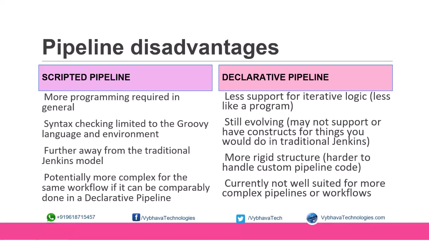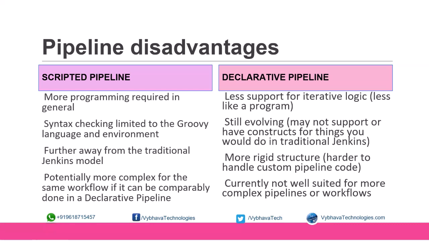Each one has advantages and disadvantages, depending on the people's mentality actually. Syntax checking is not there for the scripted pipeline, but when you run the complete script, then definitely you will get the issues and it stops at the first issue. That is Groovy language support.